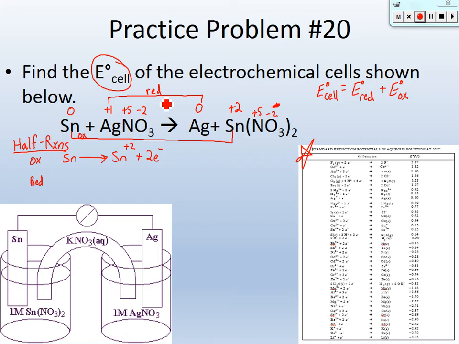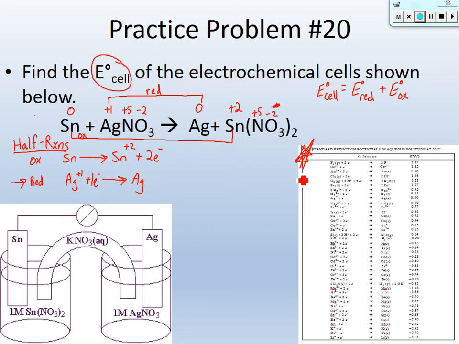Okay, so my reduction half. The one that was being reduced is silver, so I'm going to put Ag plus 1, and that goes to Ag. Just silver with a 0 as the oxidation number. But to balance the charges here, I'm going to add 1 electron. Okay. Now, to figure out the reduction potential of the reduction half, let's do that one first. So I'm going to look up on this table again.